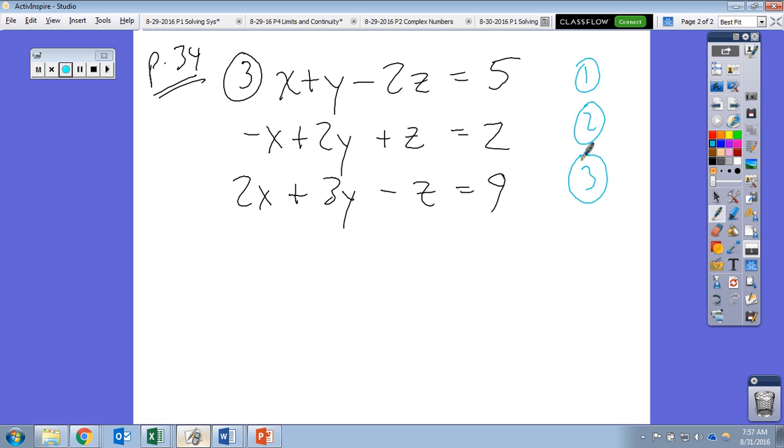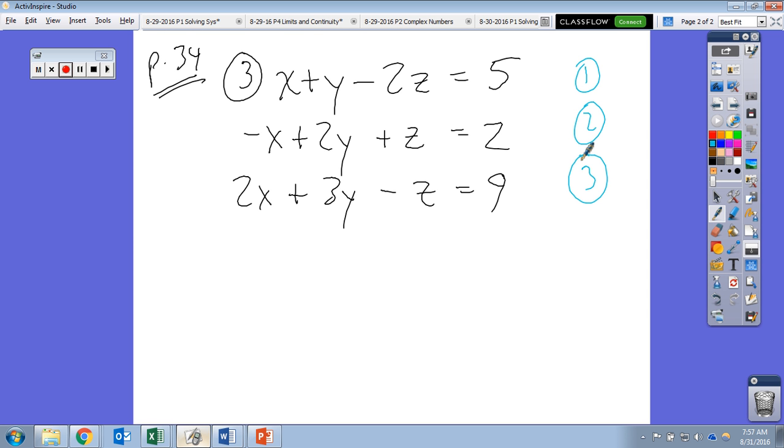Notice my z's, I use a mark through the middle, so this is a 2. I look at 1 and 2, I could quickly eliminate x's. I could do 2 and 3 and eliminate the z. There's more than one way to do these, but I always suggest doing the easiest, quickest way.